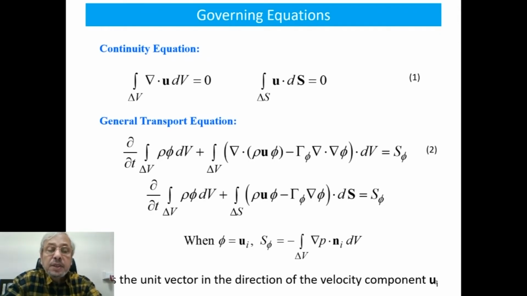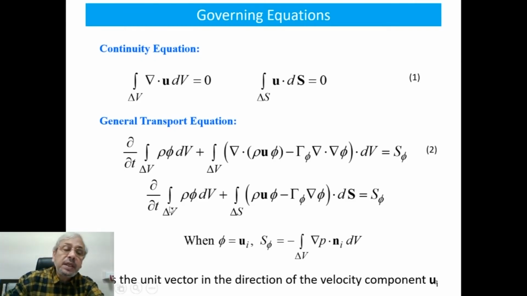Now, the general transport equation, this equation 2, is basically the Navier-Stokes equations in 3 dimensions, and it can be a representative equation for scalar transport, that means for temperature or for energy transport as well. We have written the generalized form.